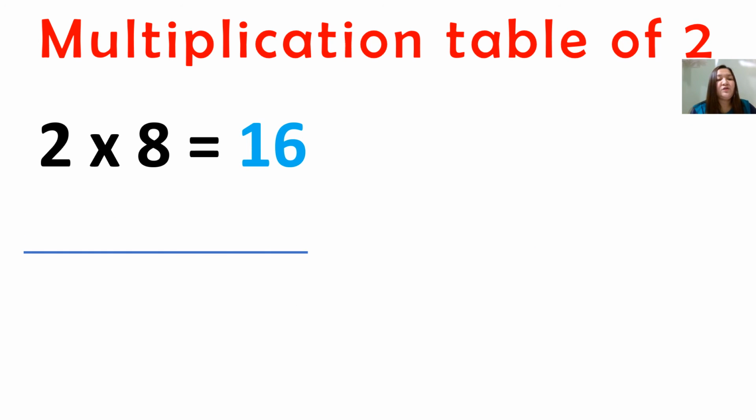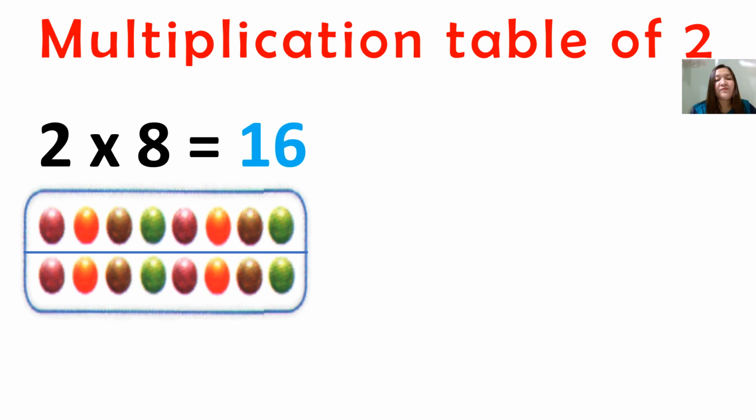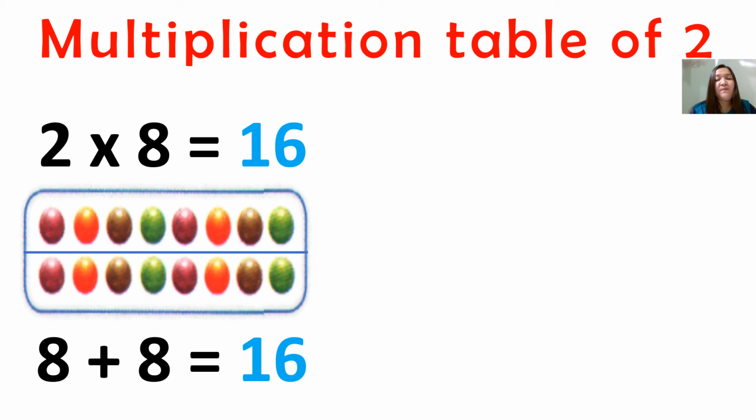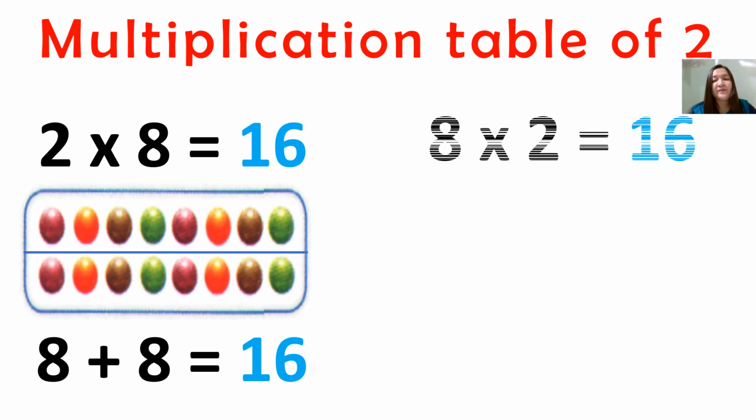Next, 2 times 8 is equal to 16. So how many groups of 8 balls do we have? 2. And how do we write this in addition form? 8 plus 8 is equal to 16. 8 multiplied by 2 is 16.